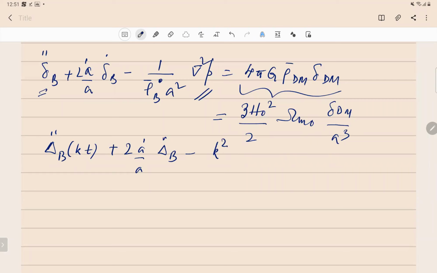And if you remember, you could write this P in terms of the sound speed. So you can write CS square, and then rho bar will cancel. So CS square k square by A square delta B again, and that equals 3 by 2 H naught square omega matter naught delta dark matter by A cube.